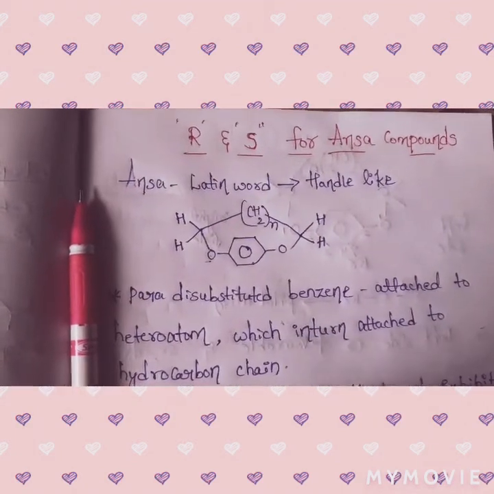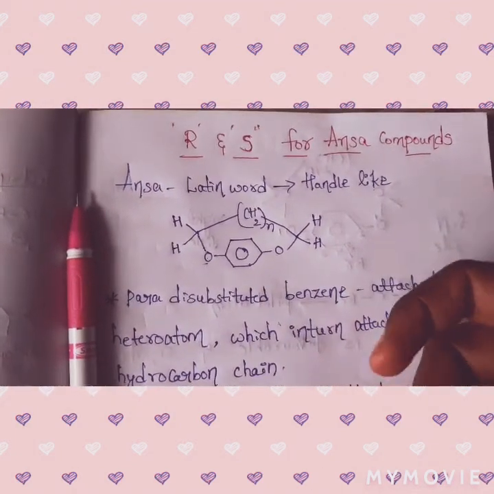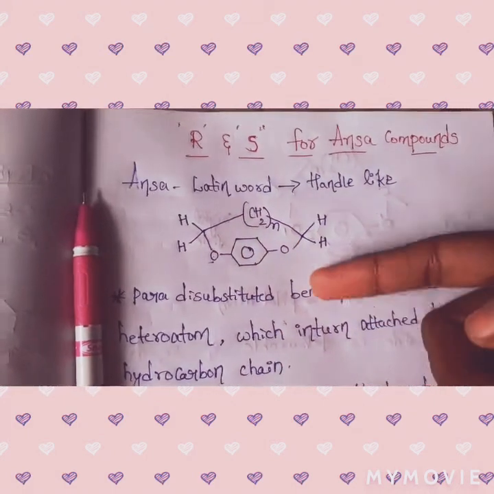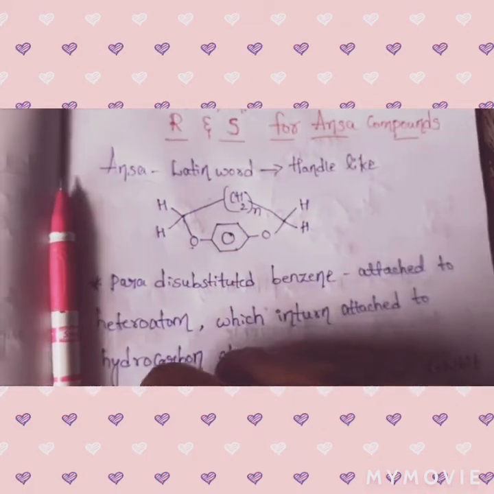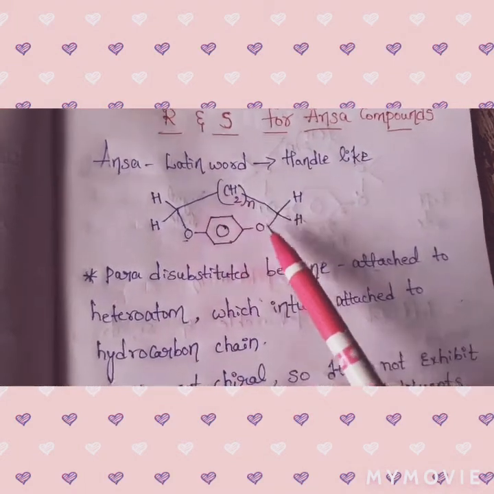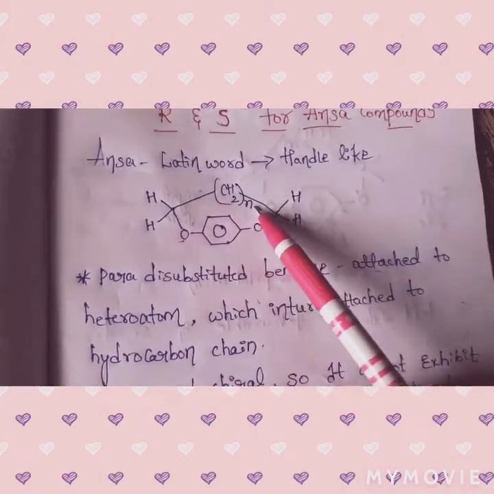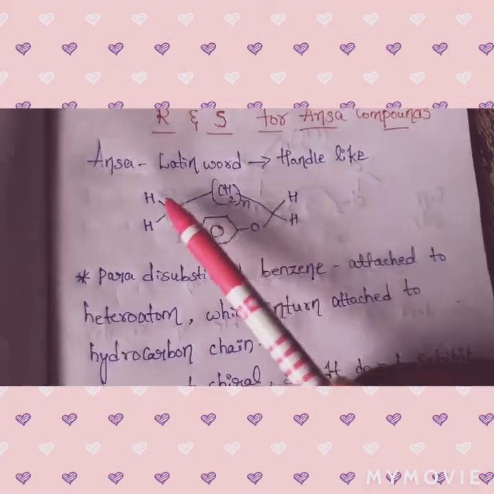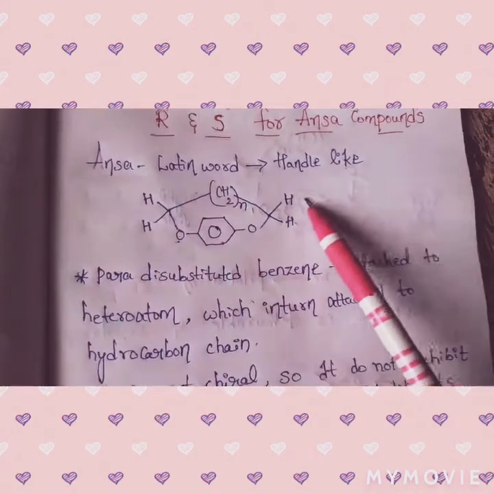If you observe the structure, it seems just like a handle, so we can hold it likewise. That's why ANSA compounds are called handle like compounds.